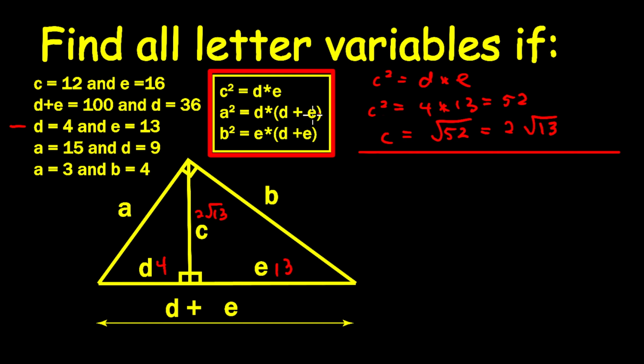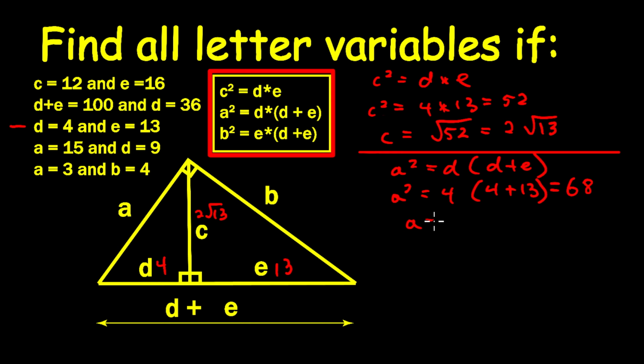Now we will use the second formula to get A. So A squared equals D times D plus E, or A squared equals 4 times 4 plus 13, or 68. So A equals the square root of 68, and simplifying we get 2 root 17.